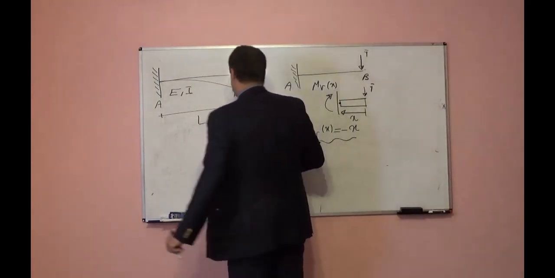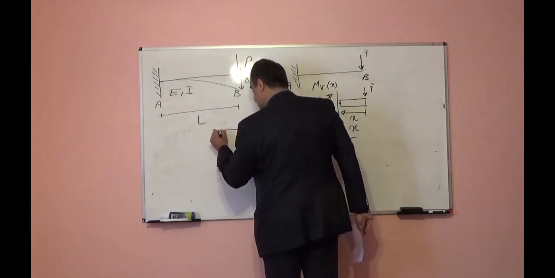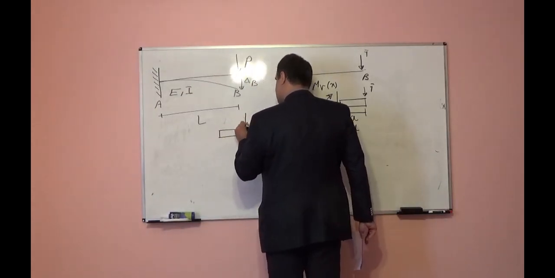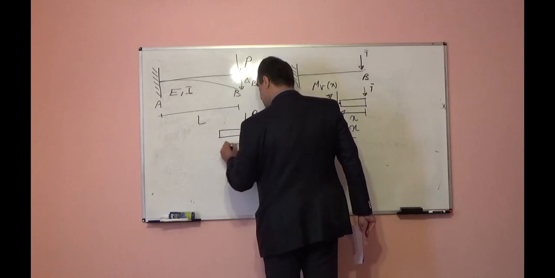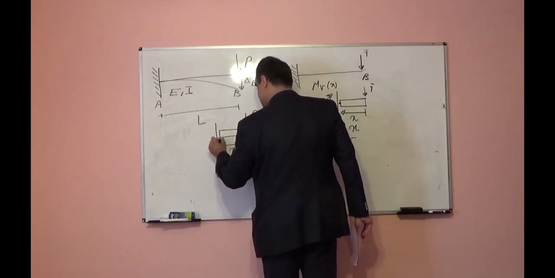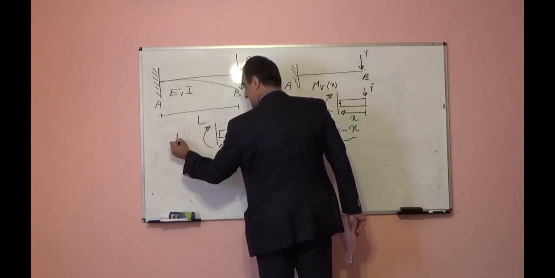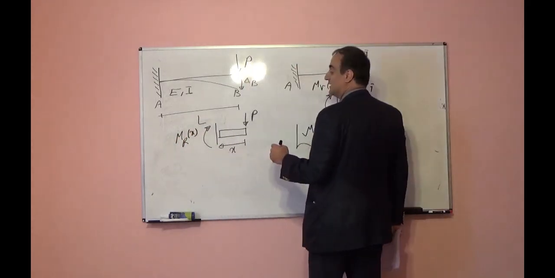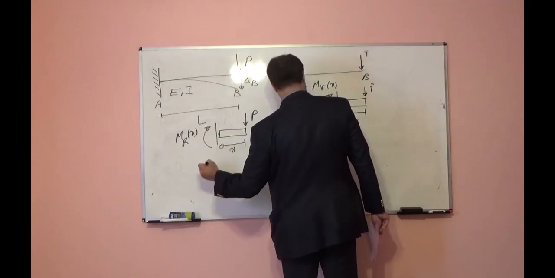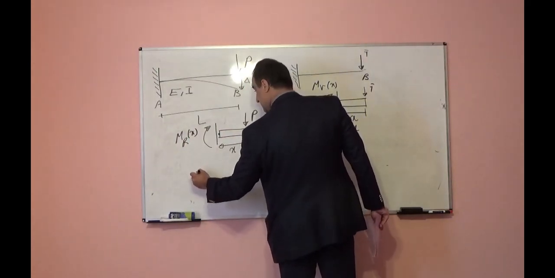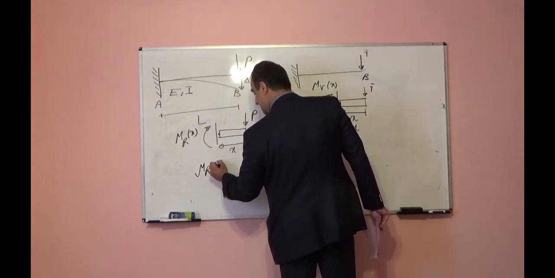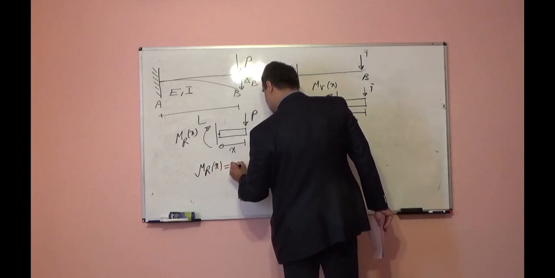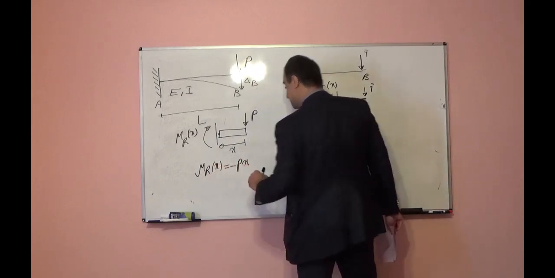Then the internal moment in the real beam because of the real force, if I cut at distance x, m_real(x), taking moment with respect to the cut point, will be equal to negative Px.